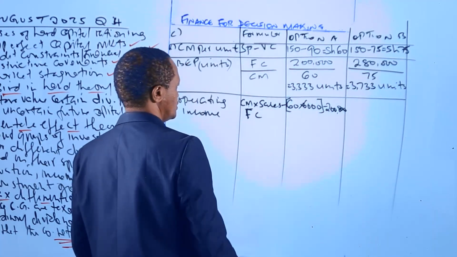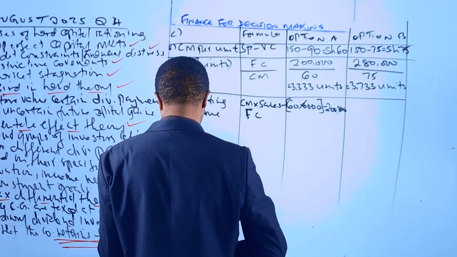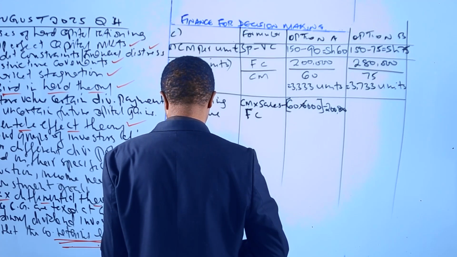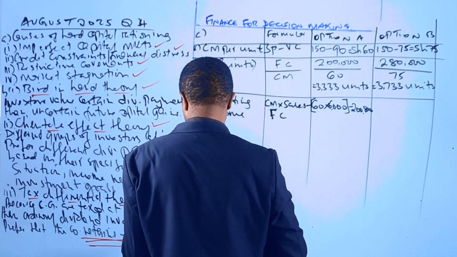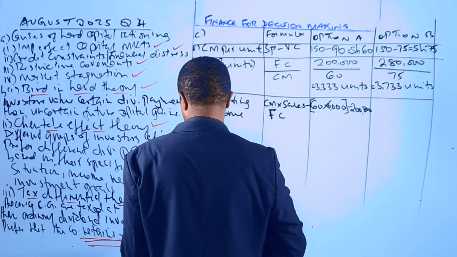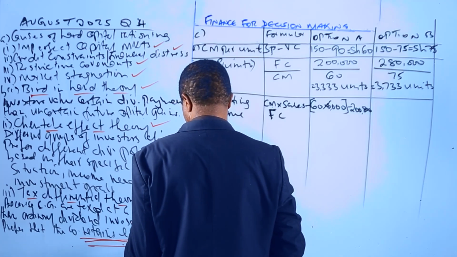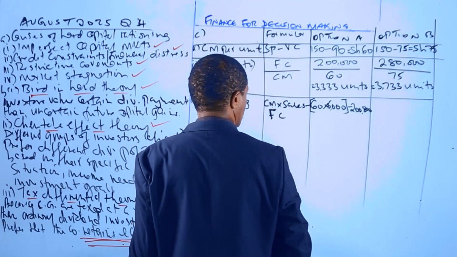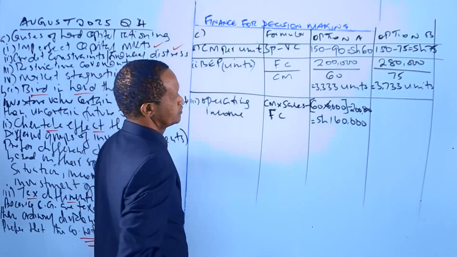So 60 times 6,000 minus 200,000 gives me 160,000. That is the operating income for option A.